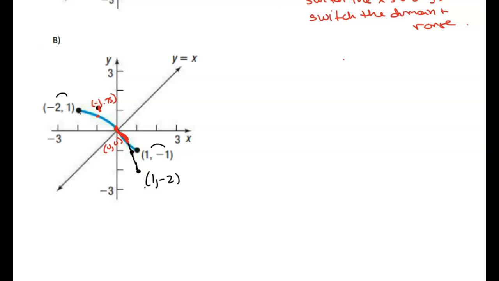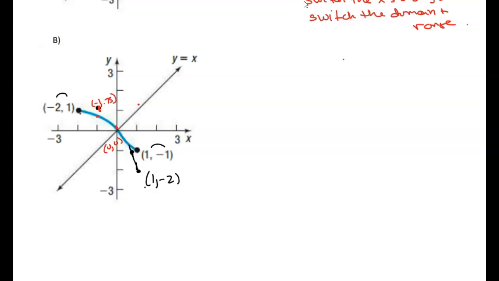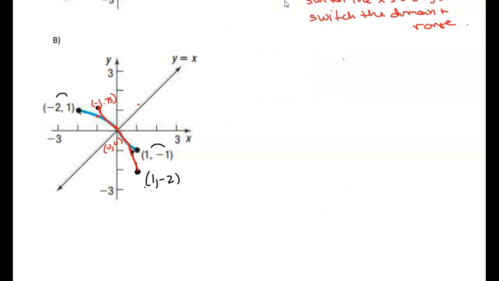I'm going to try again. Let's make it less thick. Boom. And then boom. All right. So these are points that we draw when we switch the x and y's around.